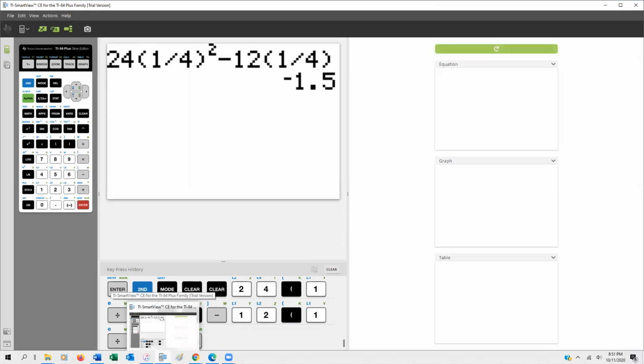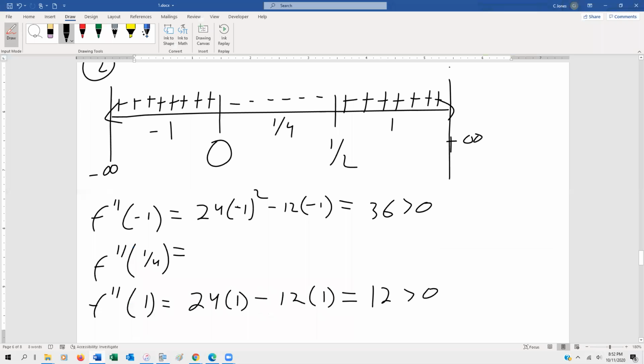Indeed, our suspicions are upheld. This is negative 1.5, which is clearly less than 0.